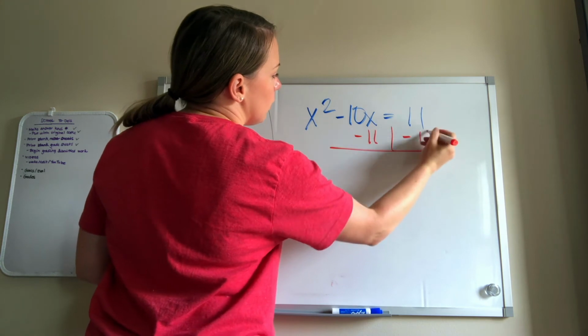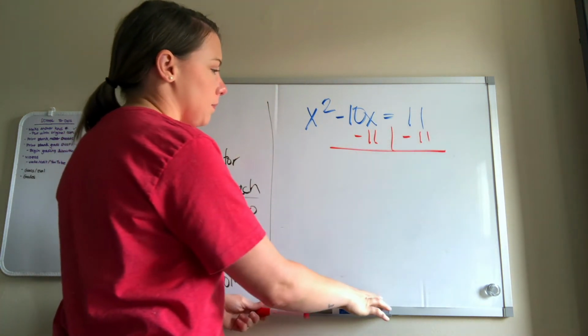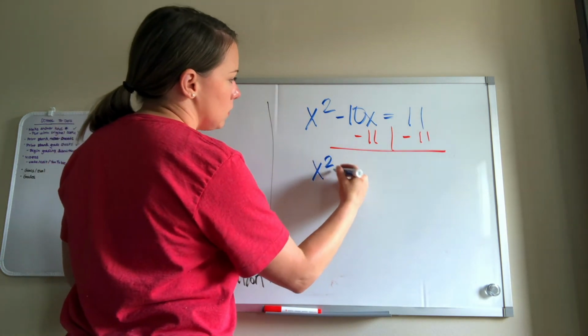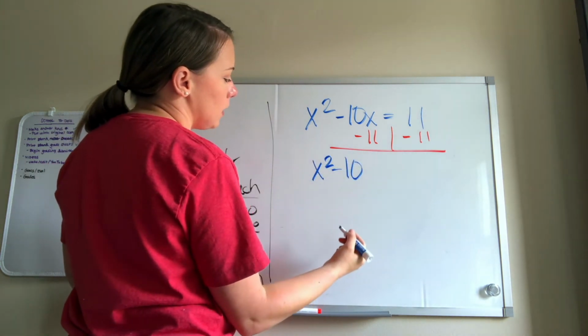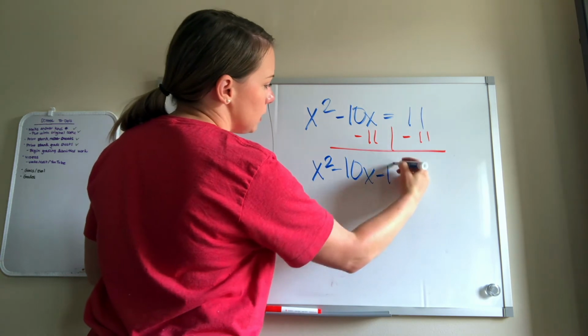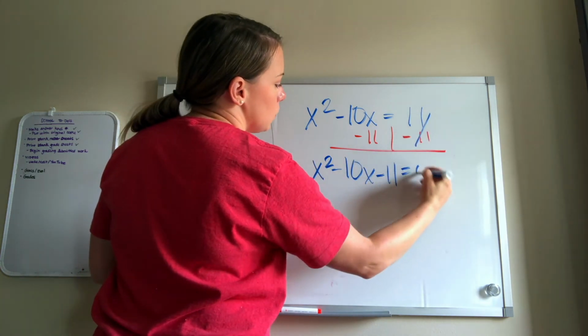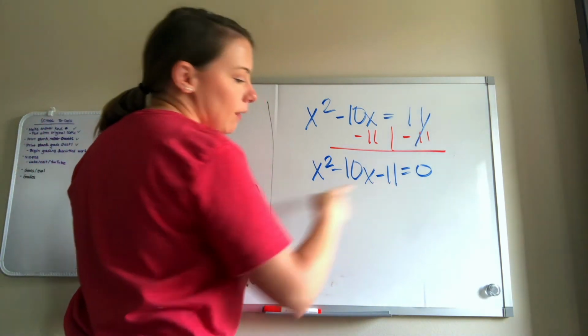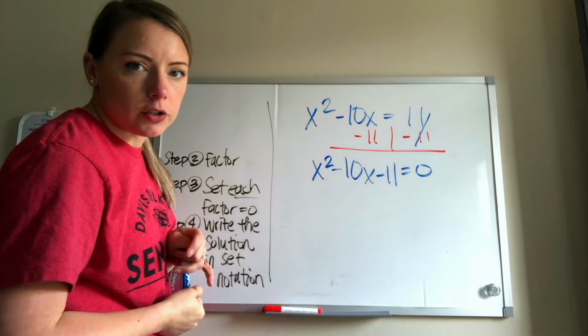So we're going to use the inverse operation to do that. So when we do that step, we would have x squared minus 10x minus 11, and then this right side would be set equal to 0. And now I have the quadratic equation that I can factor.